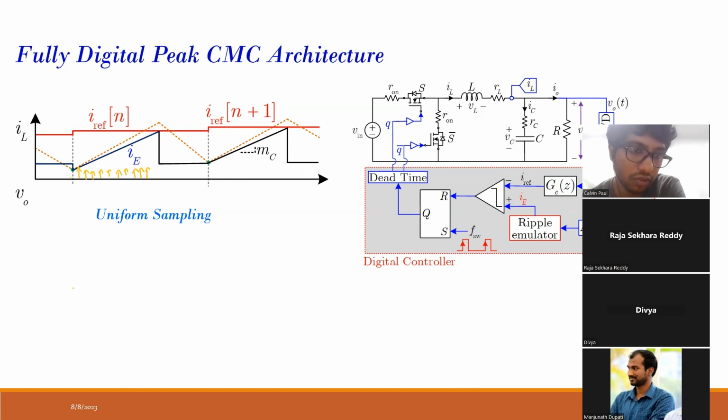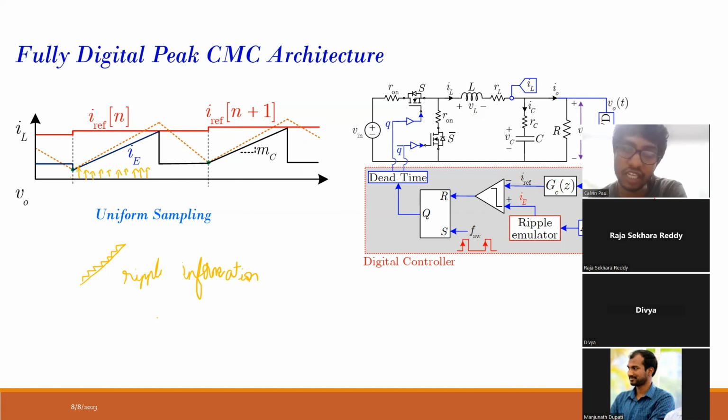The waveform I will get will be like this, like this, etc. That is how I will have the ripple information of the inductor current.